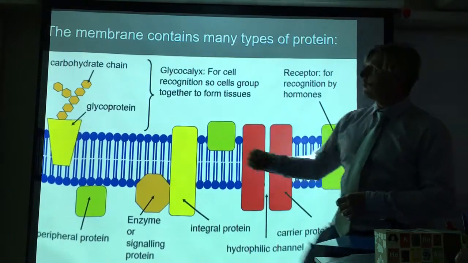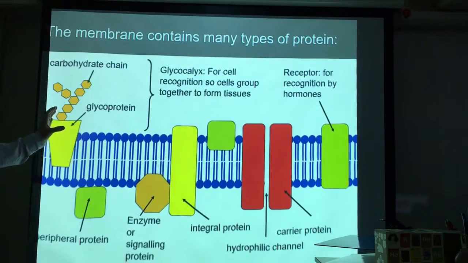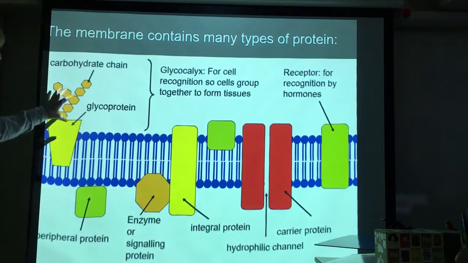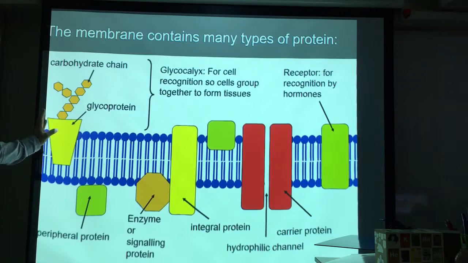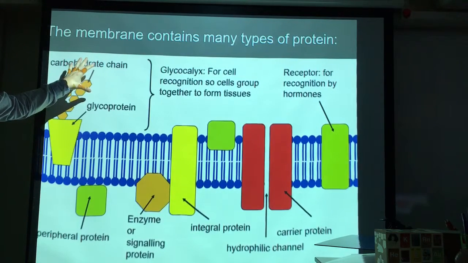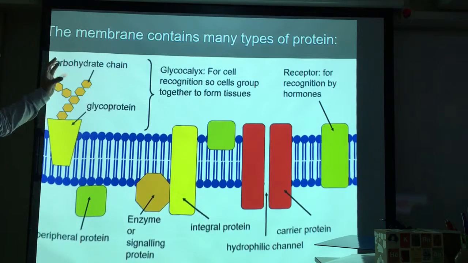Okay. This glycoprotein here, on this side, is used for recognition, and glyco is sugar, protein, and so it's a protein with a carbohydrate chain attached, and this can be used for recognition and cellular-to-cellular contact.